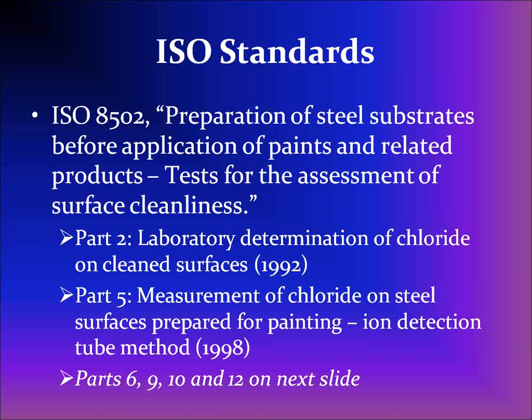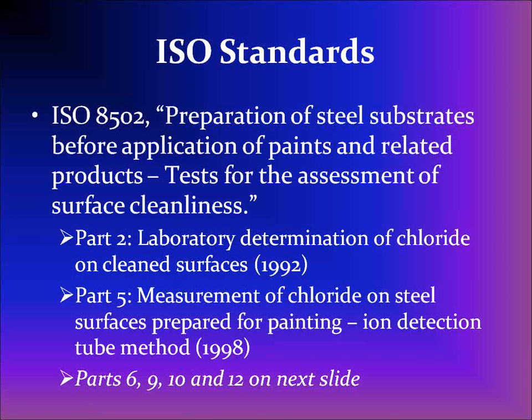Part 5 describes a procedure using ion detection tubes to determine concentrations of chloride contamination. We will be describing this method in the webinar. Part 6 of the ISO 8502 standard describes an extraction procedure using latex patch or cell method, which we'll describe. Part 9 of the standard describes the use of conductivity meters for detecting ionic contamination levels in test solutions.